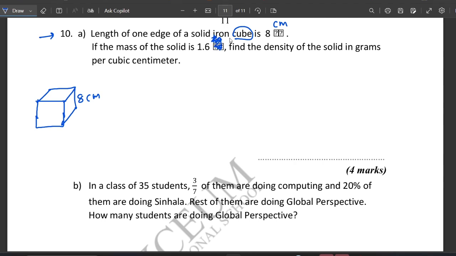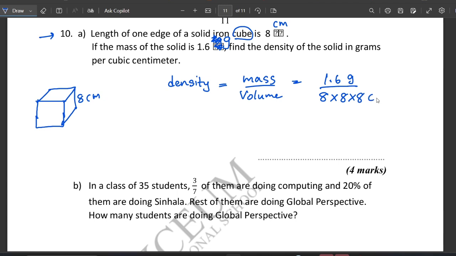Let's think of this as grams, and I have to find the density. Density is mass divided by volume. Mass is 1.6 grams and volume is 8 times 8 times 8 cubic centimeters.